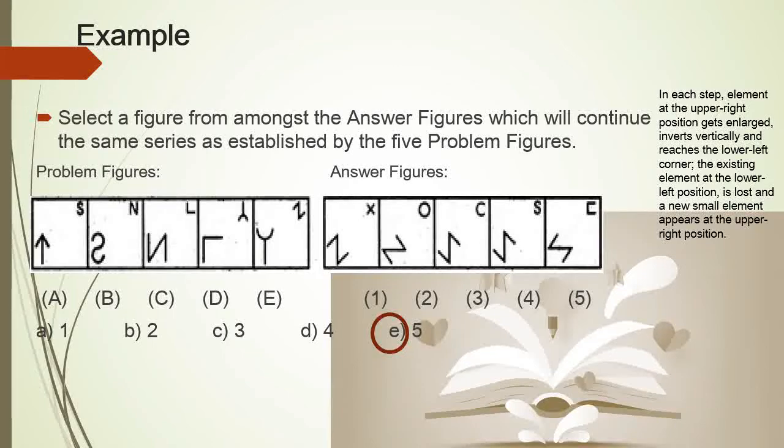So it continues like that, and every time it moves to the next step, a new symbol is added on the upper right hand. That symbol we are not so familiar with, but we can predict that the upper right hand has some symbol. So the answer for this one is option E.